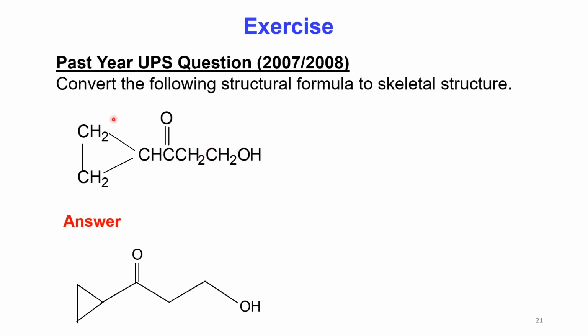This is the cyclic part, which consists of 3 carbons, so in skeletal we just write the triangle. Then this is CH, CH, C double bond O, C double bond O, CH2, CH2, CH2, and then OH. So this is the skeletal structure for this compound.